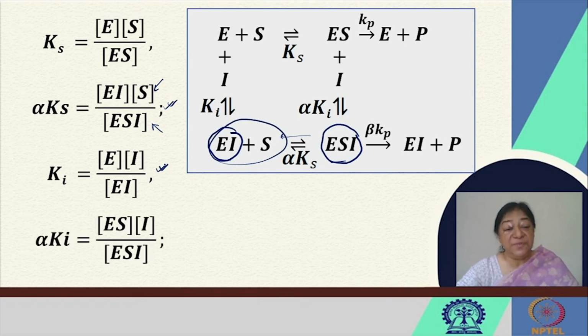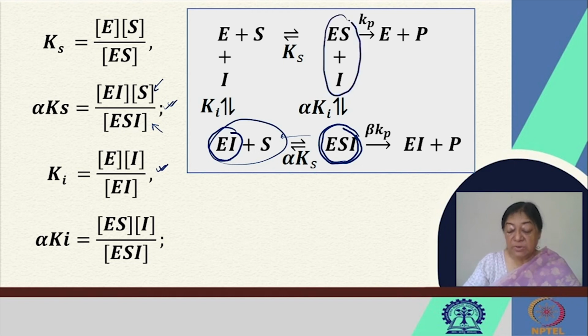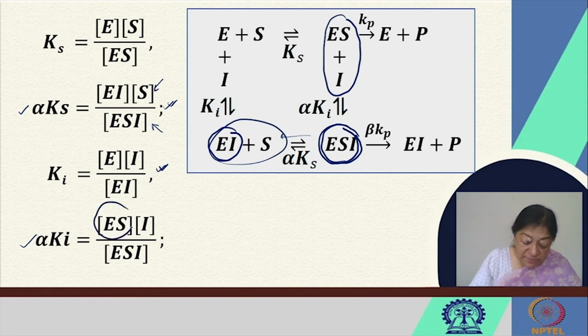We have the alpha Ki value, which is associated again with the enzyme substrate inhibitor ternary complex, but in this case it breaks up differently. In the case of alpha Ks, we are looking at the ternary complex breaking up into the enzyme inhibitor complex and the substrate.